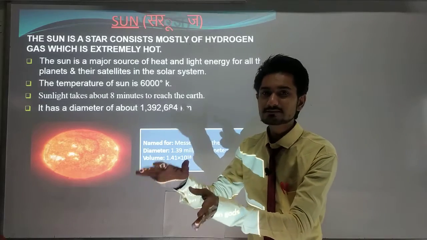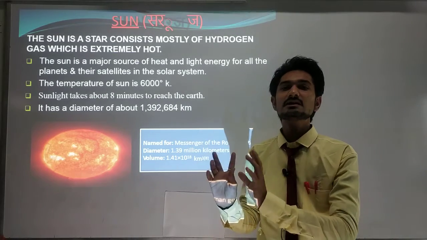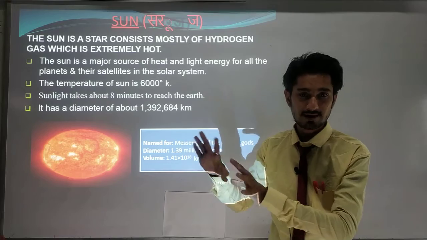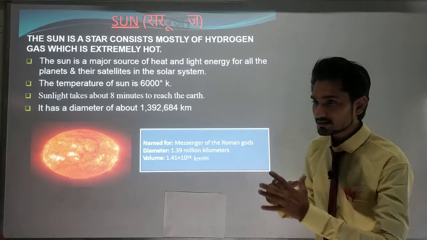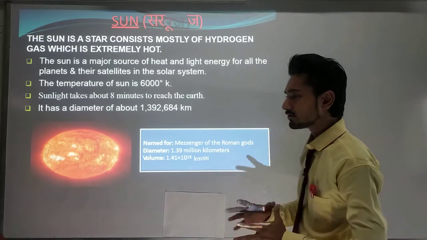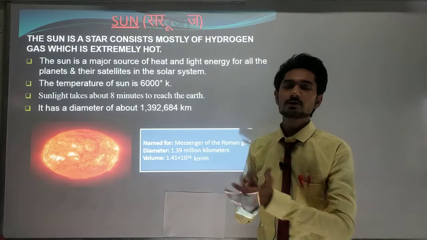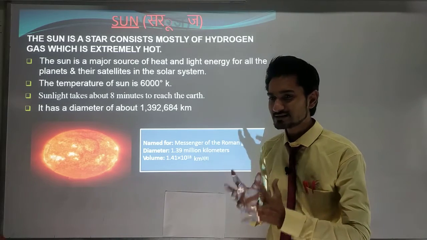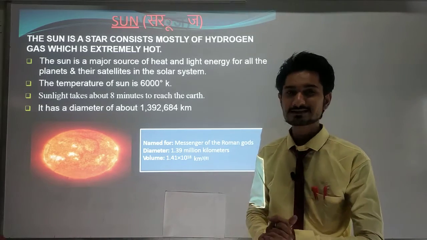So for that reason, Mercury and Venus can't support life on those planets. More heat energy would destroy the life of all living things.